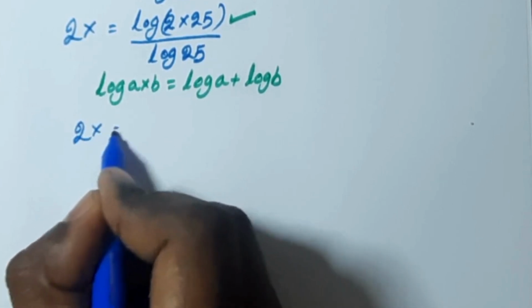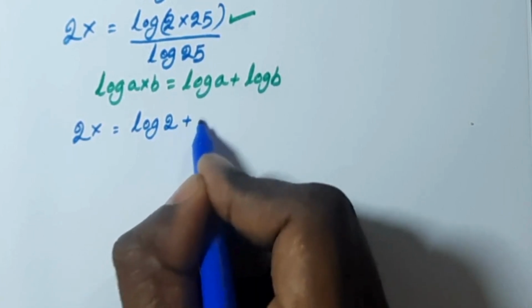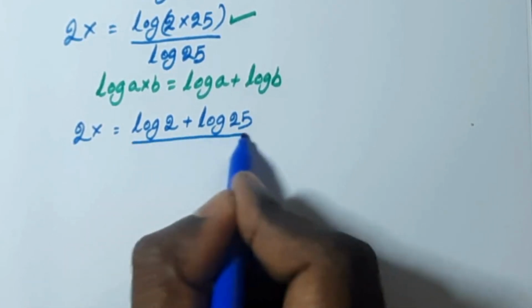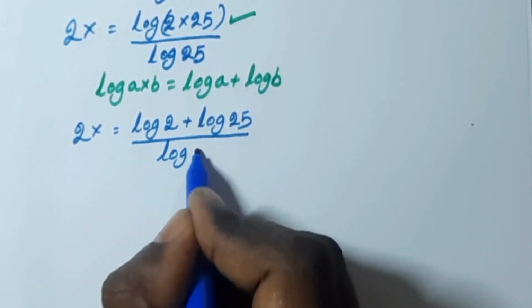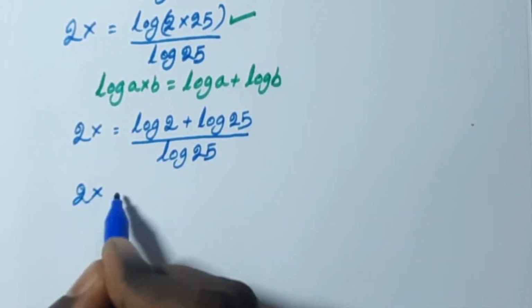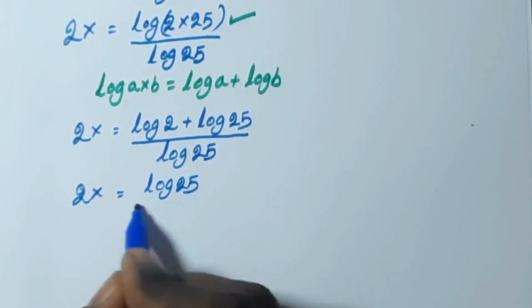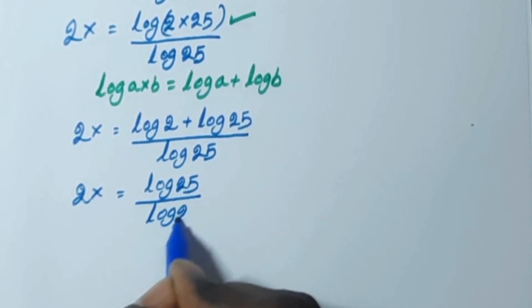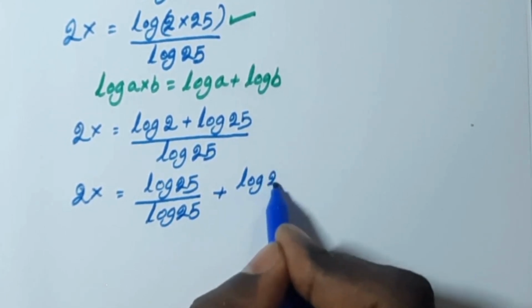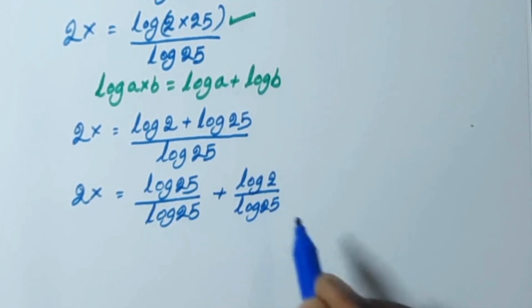2x equal to log 2 plus log 25 by log 25. Now 2x equal to log 25 by log 25 plus log 2 by log 25.